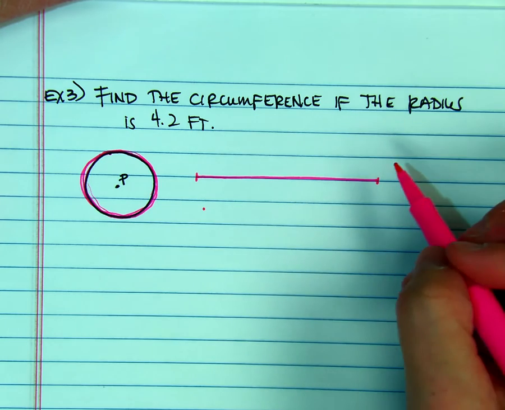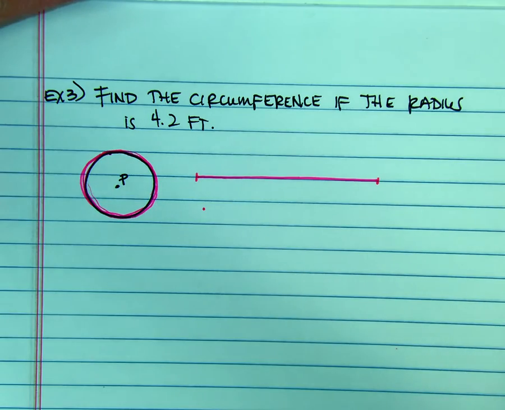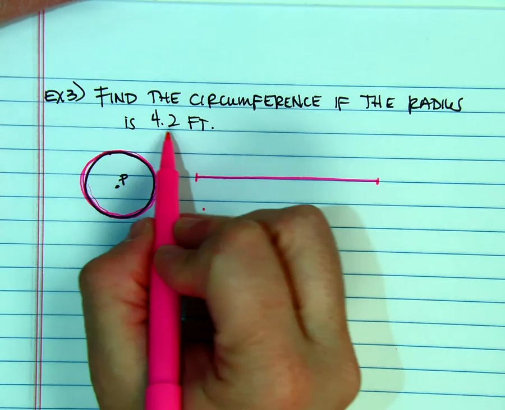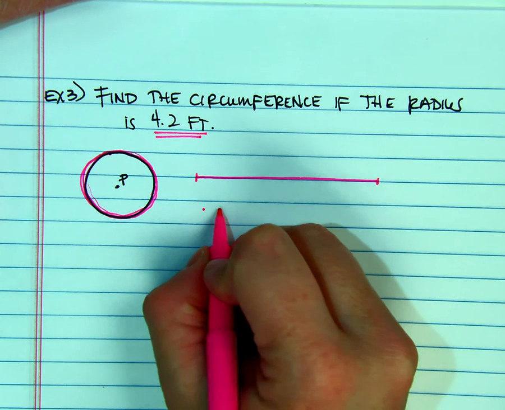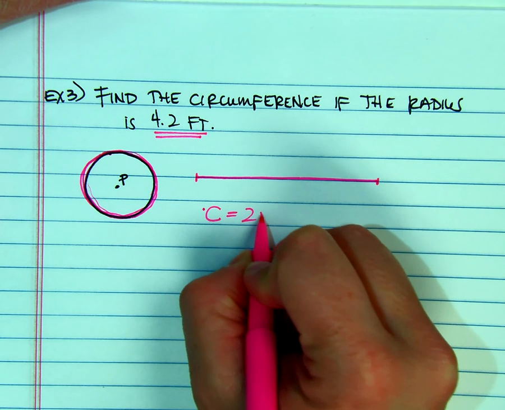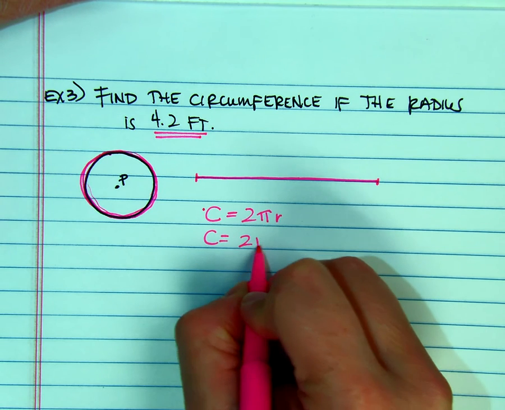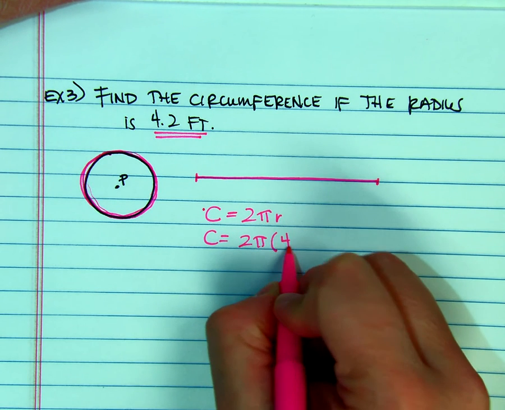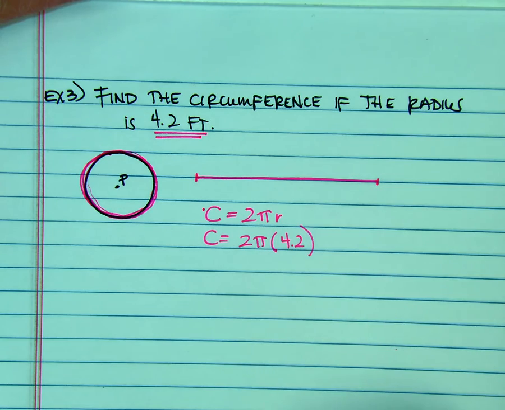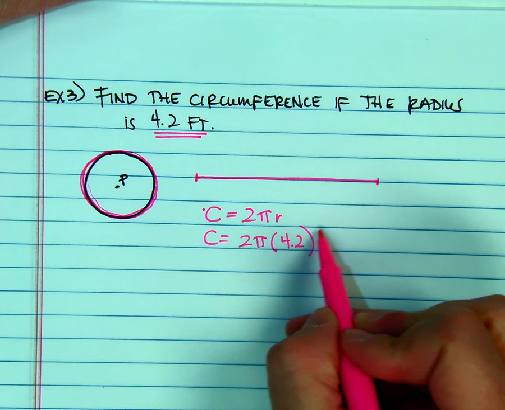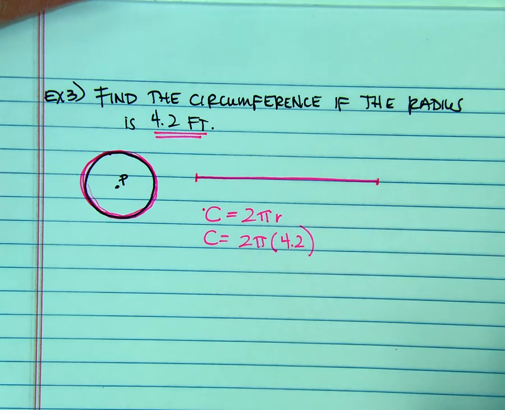So I am going to look at the formulas because I know I have the radius. So I'm going to use the circumference formula that actually has the radius in it. So C equals 2 pi times my radius of 4.2. A common mistake is to square this. That is not true. That is not part of the formula.